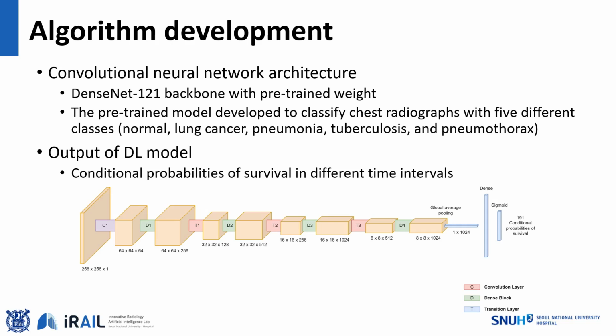The last layer of the model was substituted with a fully connected layer consisting of 191 perceptrons, with each perceptron corresponding to a 15-day interval of time. The outputs of the model denote the conditional probabilities of survival within these intervals. The figure illustrates the structure of the deep learning model used.